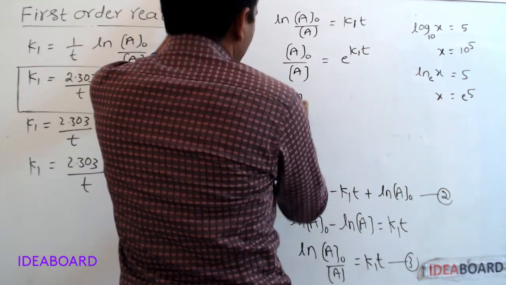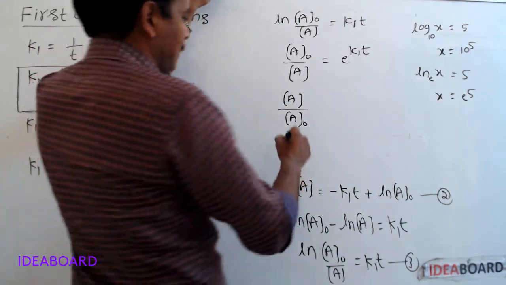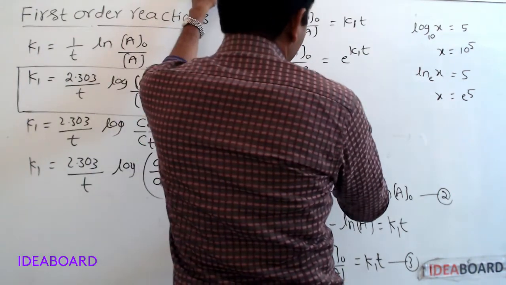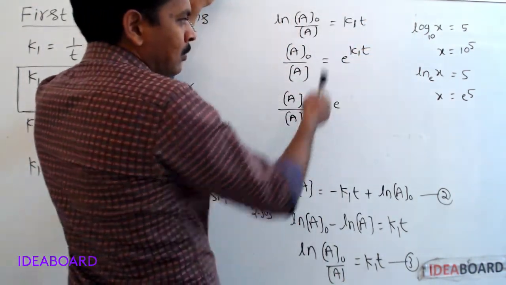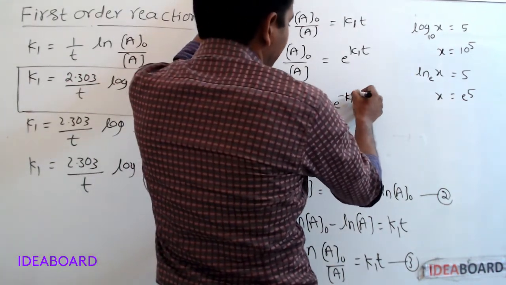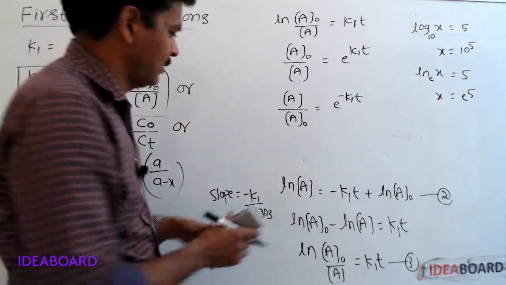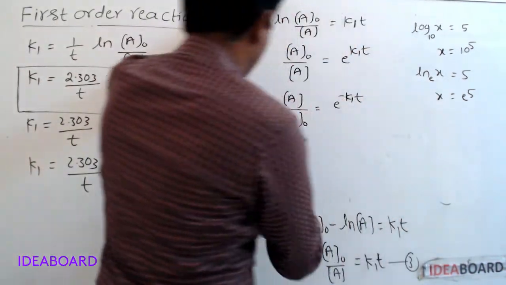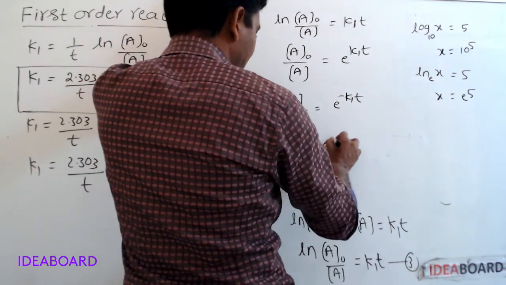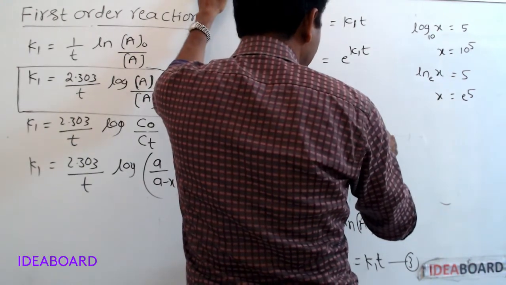Next, a concentration by initial concentration of a is equal to, just reversing this equation, 1 by e power k1t, which I am writing as e power minus k1t. Next, a is equal to a naught into e power minus k1t.